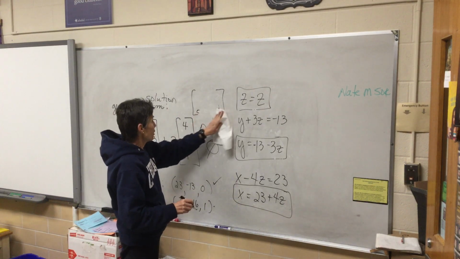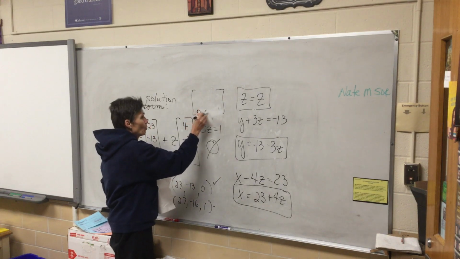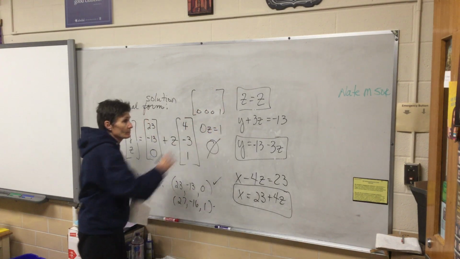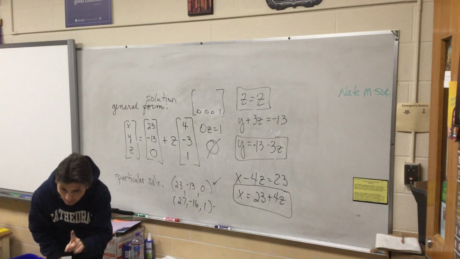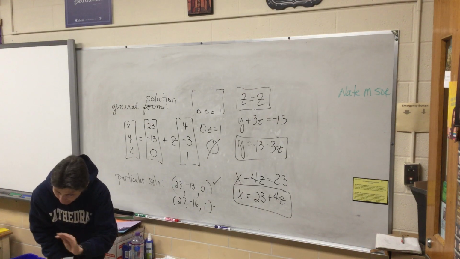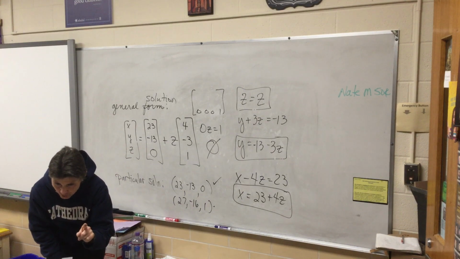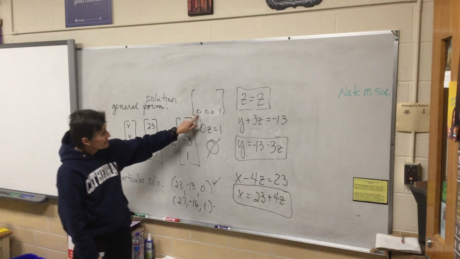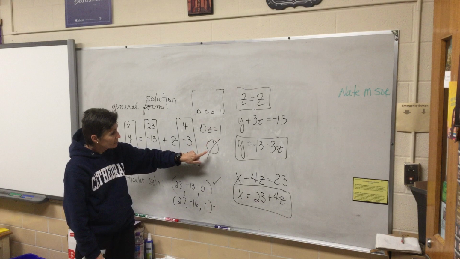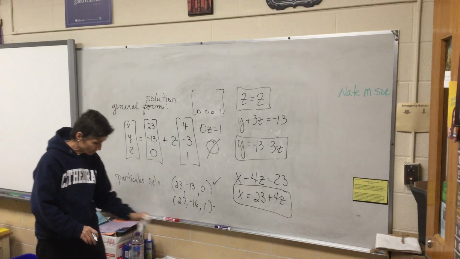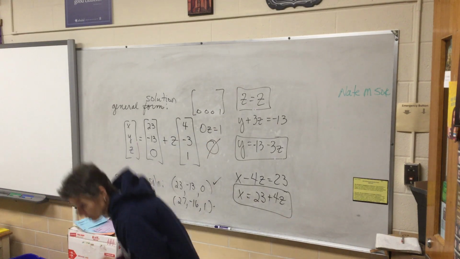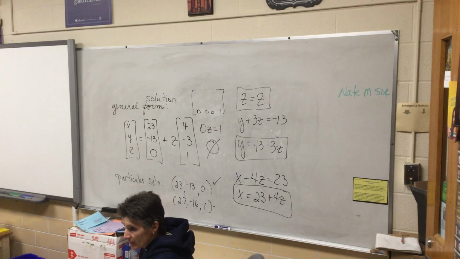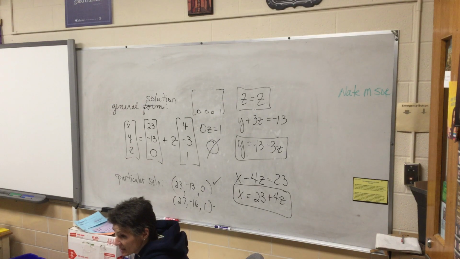If it's all zeros except the last number's a 1, and this is all coming from the bottom row, in reduced row echelon form, it won't happen anywhere else. Your bottom row will tell you the story. If it says 0, 0, 0 equals 1, that's no solution. Okay? That's a lot.